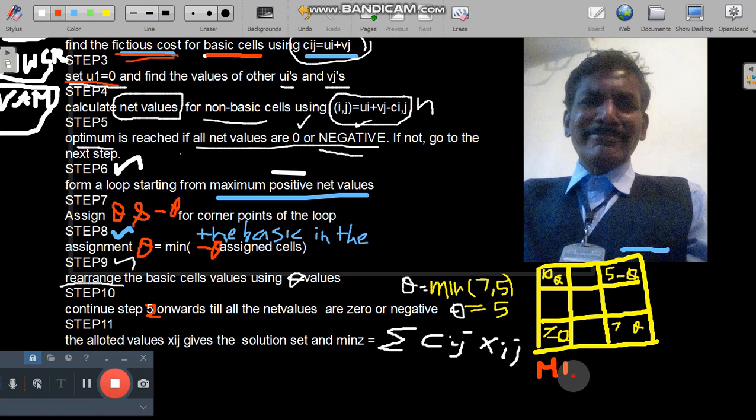Minimum z is equal to the corresponding transportation cost C11 multiplied by the basic value x11, plus the corresponding transportation cost per one item C12 into how many items you are transporting, x12, that is from the first production center to the second production center, like that. If you take all of them, that will give us the minimum z.